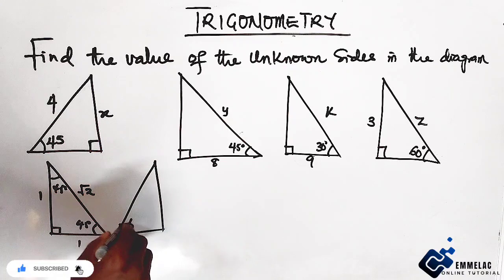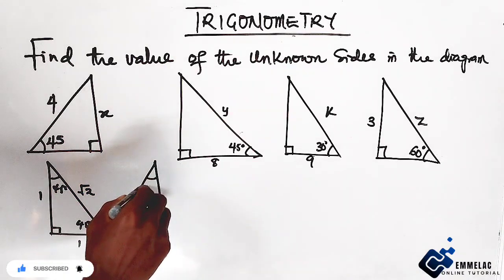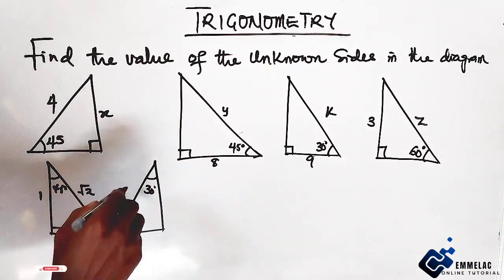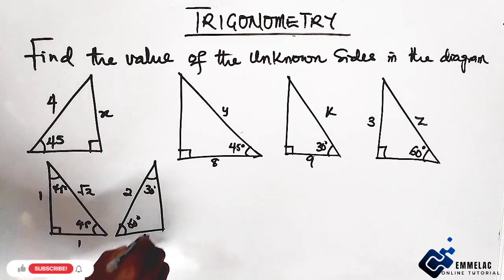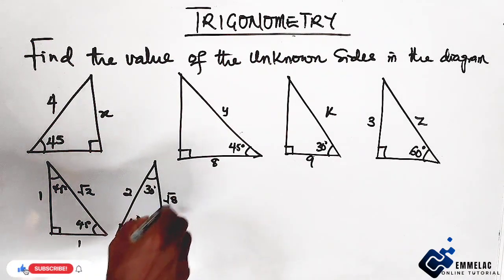Here we have the 60, here we have the 30. Here is the 2, here is 1, and here is root 3.